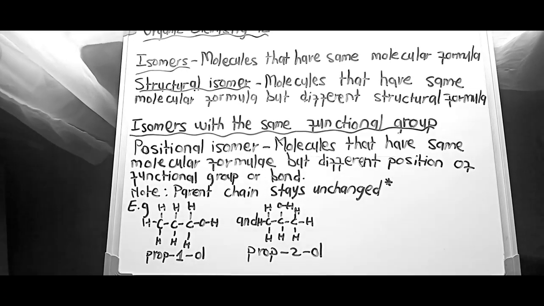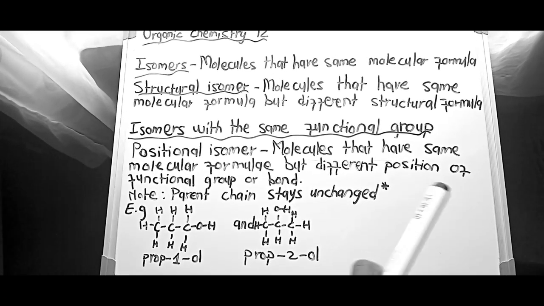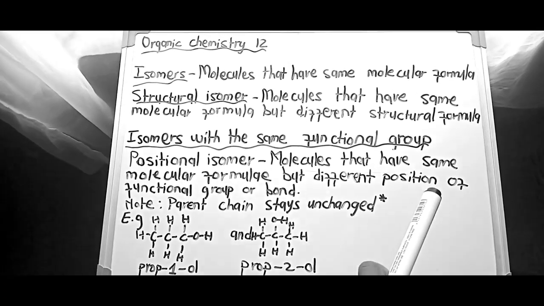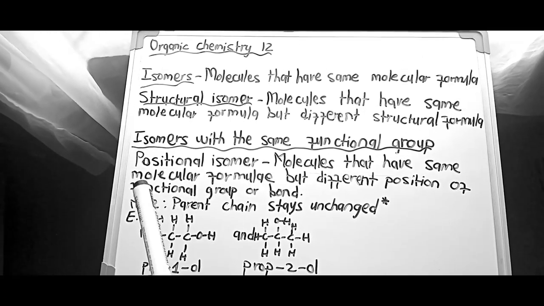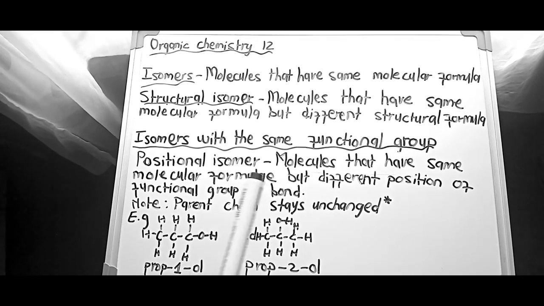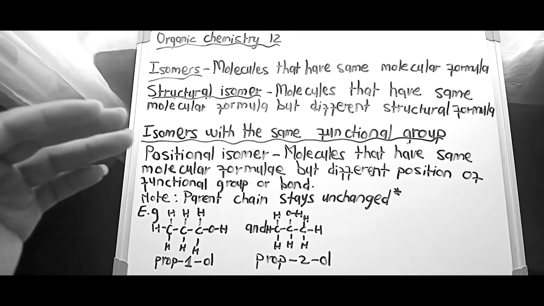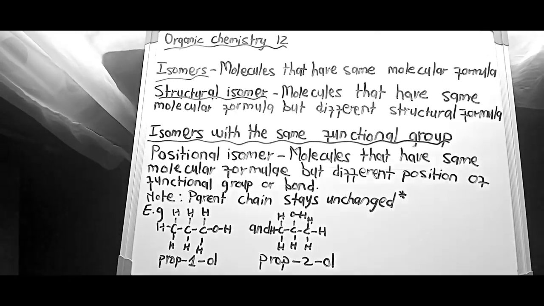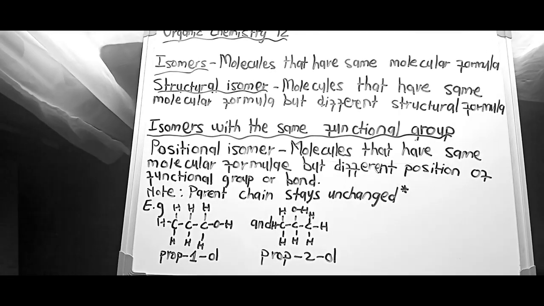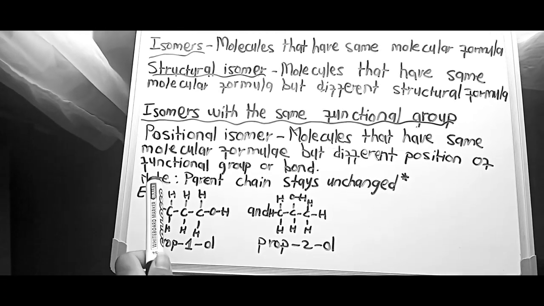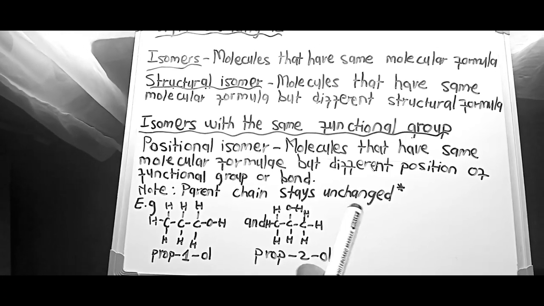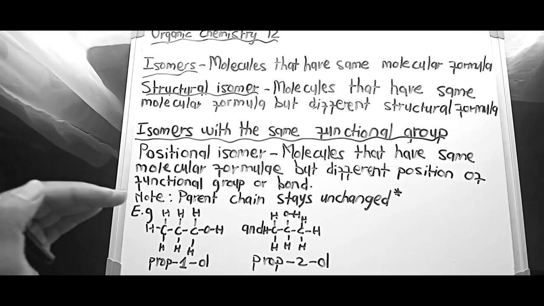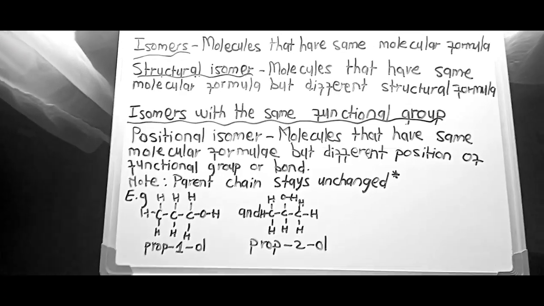Positional isomers are molecules with the same molecular formula but a different position of the functional group or bond. It means the functional group or the bond changes its position on the chain. Please note that the parent chain stays unchanged. I've highlighted it using the asterisk.